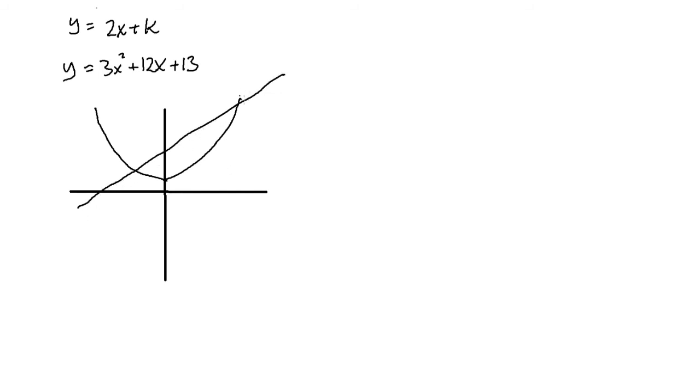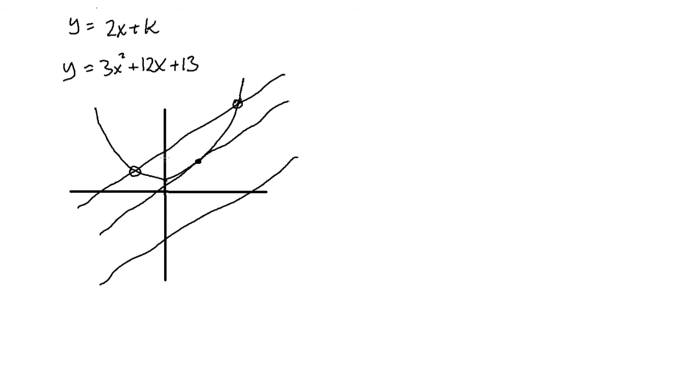And clearly there is a solution right here, and there's a solution right here. That is two distinct solutions. But if you shift this line down a little bit, it is possible that it will meet the curve at only one point, which means it is tangent to the curve, and there will only be one distinct solution. Or it can even be way down here, where it will not touch the curve at all.